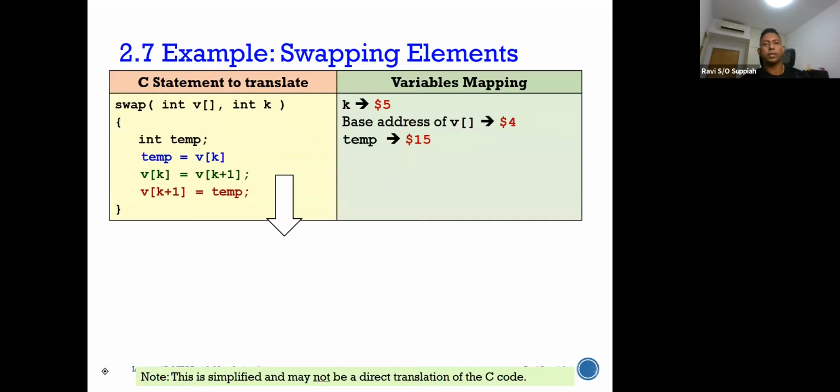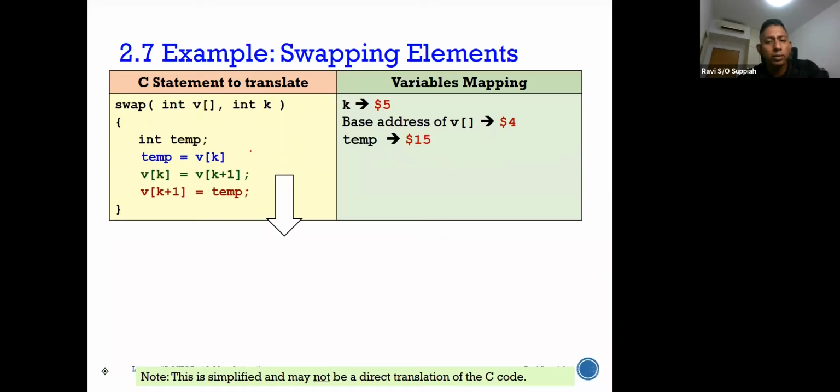So let's look at this example here. In this example, we are trying to do a swap between the first variable here and this k over here.